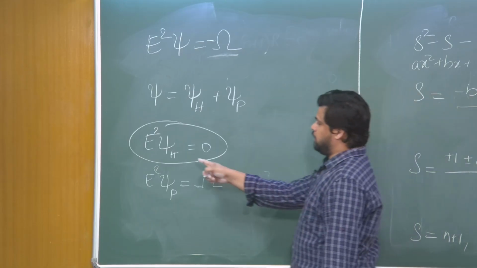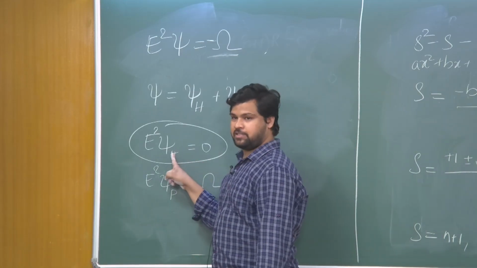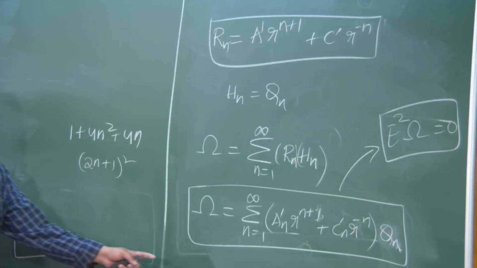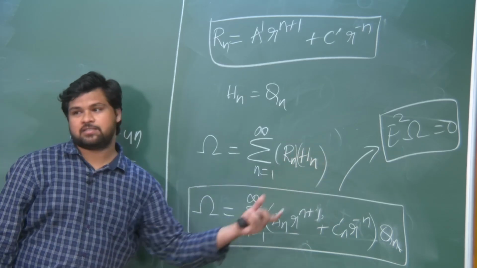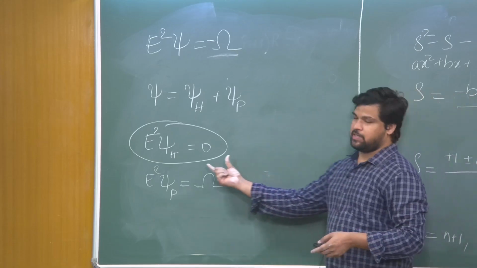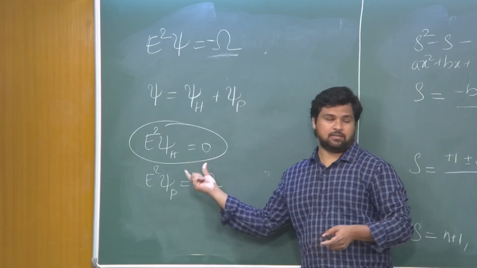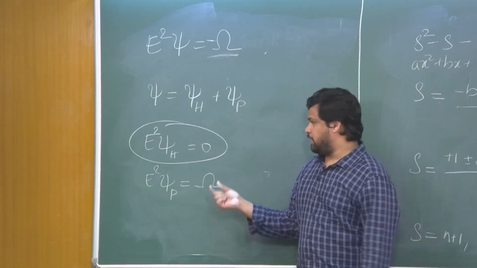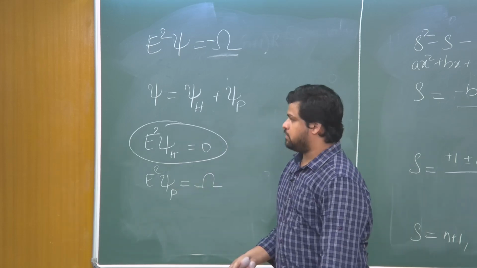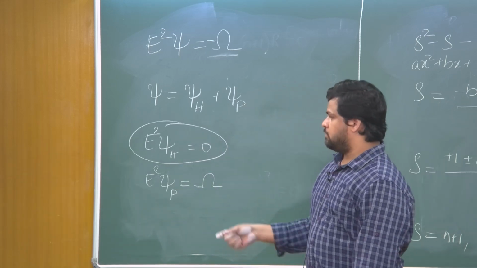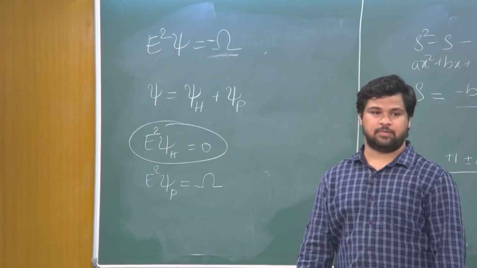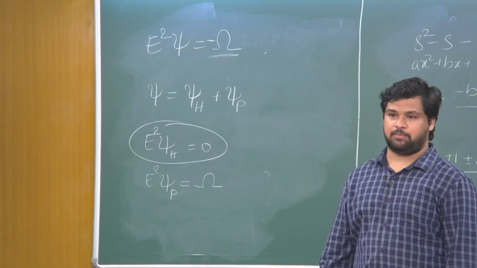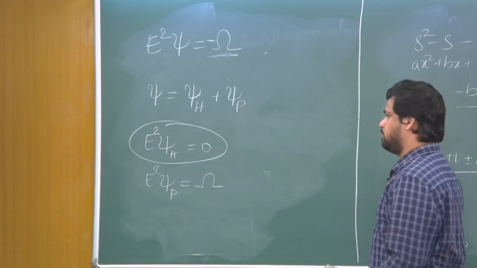So, for this equation psi h also, the solution is in the form of this. You understand? The form of the equations is the same for both here and for omega. So, I am taking psi h the same as that equation with different constants, and the r dependency is the same, n plus 1 and minus n.